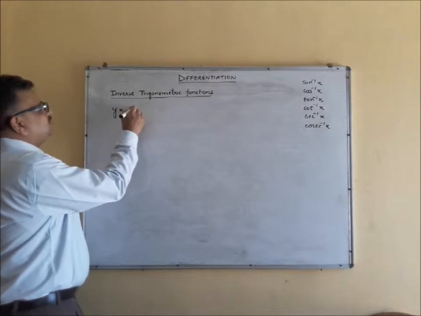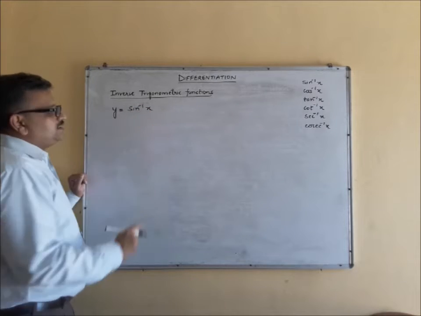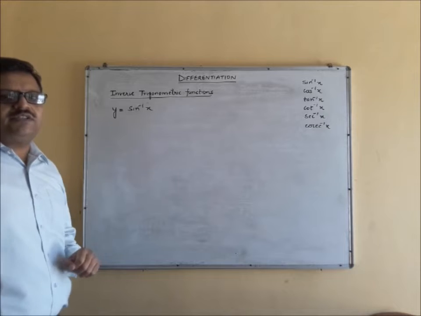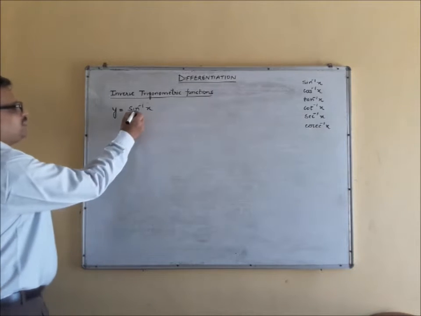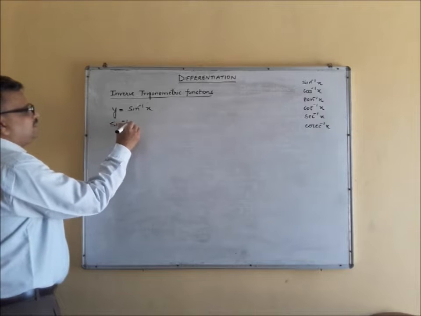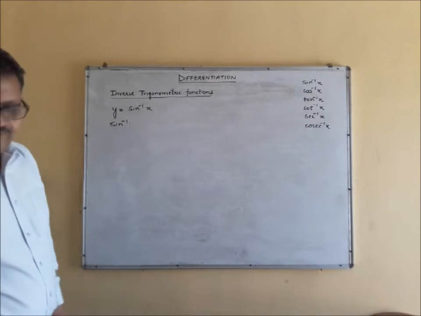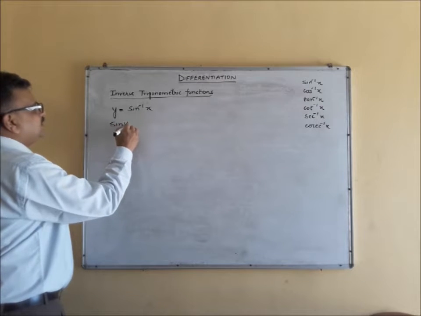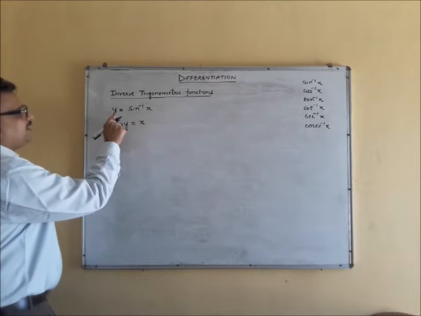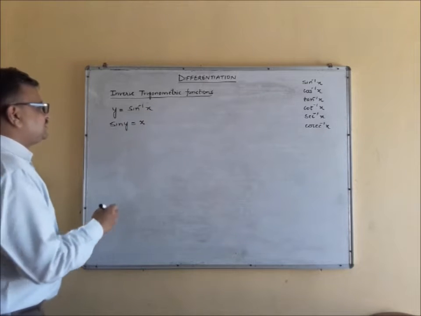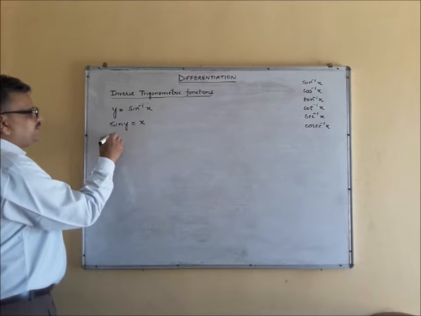So y equal to sine inverse x. Now this is the function sine inverse x. We have to find out its derivative. So we can write y equal to sine inverse x as sine y equal to x. Now we find out its derivative.